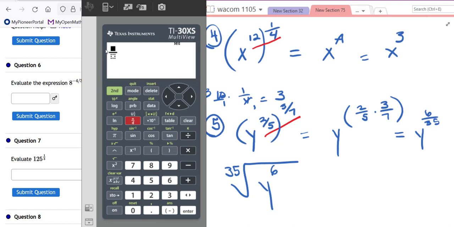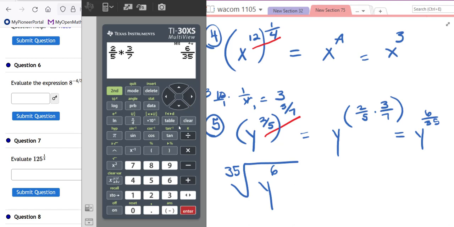If I wanted to just do the fraction math on the calculator, I would have 2, you have to go down, 5, you have to go out from under the fraction, times, fraction button again, and 3, down, and 7. And go to the end and enter, and it's going to give you a fraction.